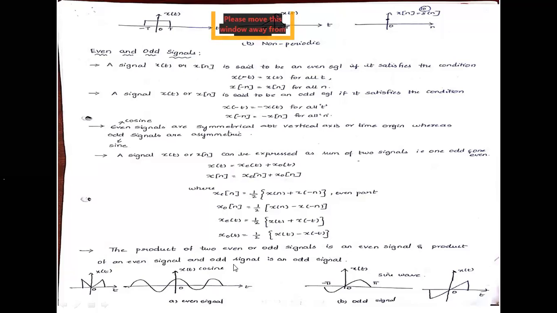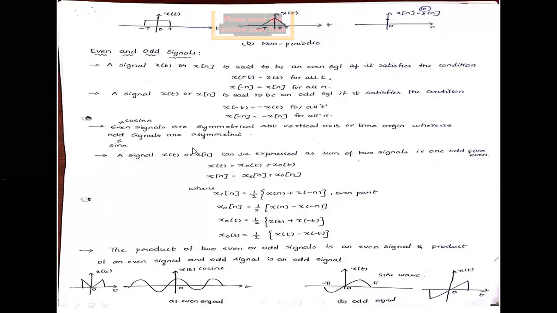Okay. In tomorrow's class, we have seen that the classification of signals is only two, continuous and discrete. And these continuous and discrete functions are again classified as periodic and non-periodic, even and odd signals.